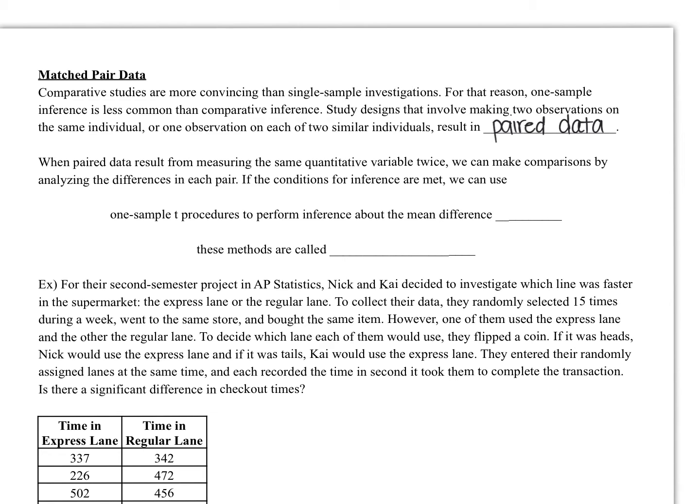If the conditions for inference are met, we can use a one sample t procedure to perform inference about the mean difference, which is mu sub d. And these methods are called matched pair procedures.